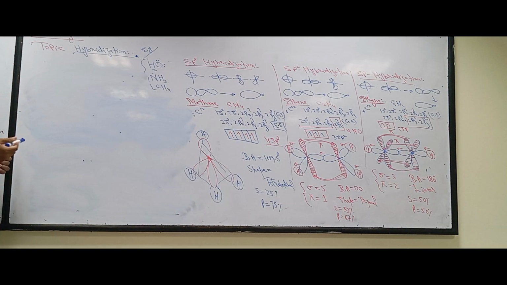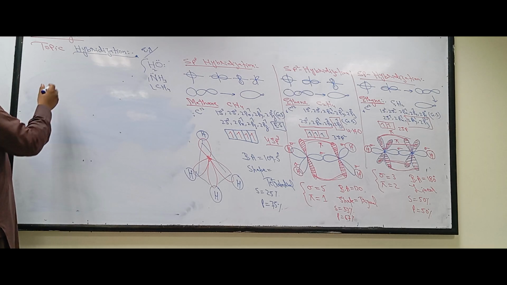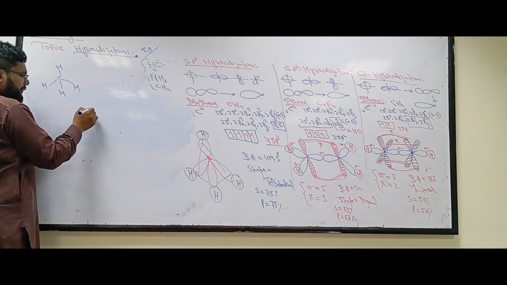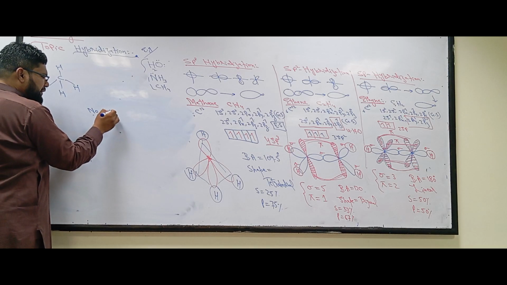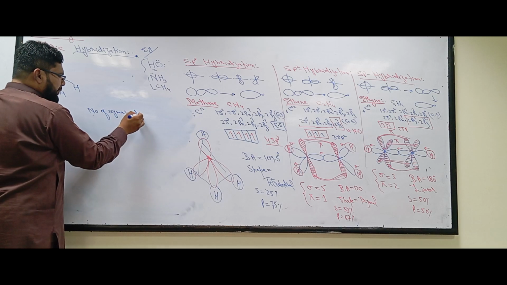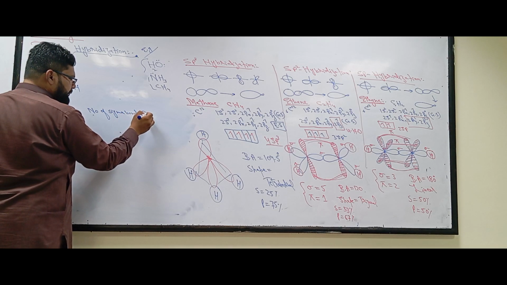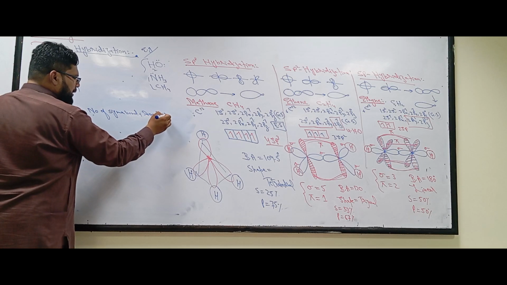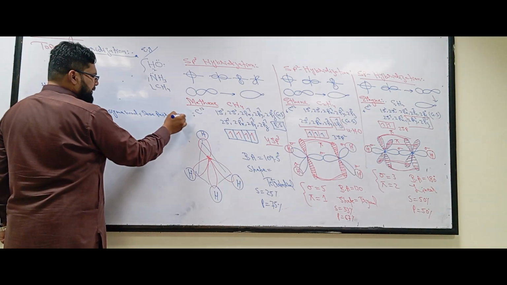For example, if we don't know the hybridization state in the structure of methane, CH4, there is a very simple formula: number of sigma bonds plus lone pairs is equal to our answer.